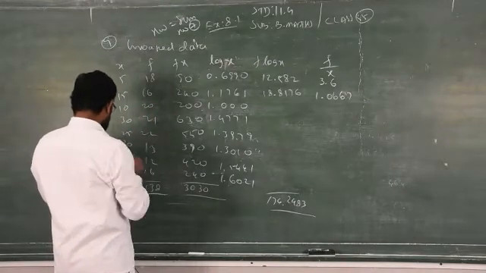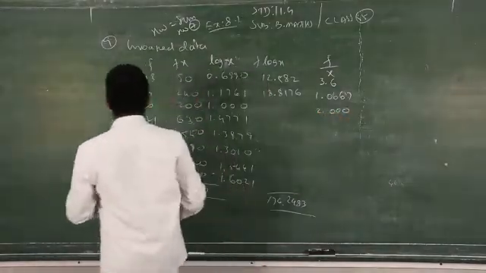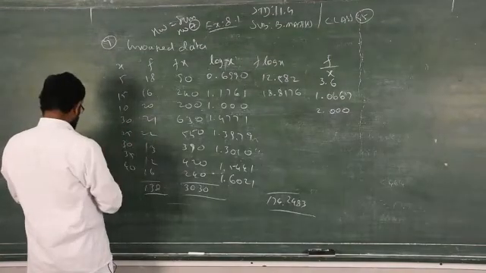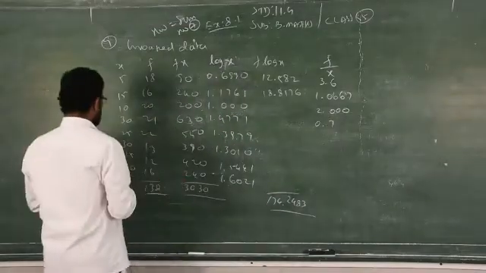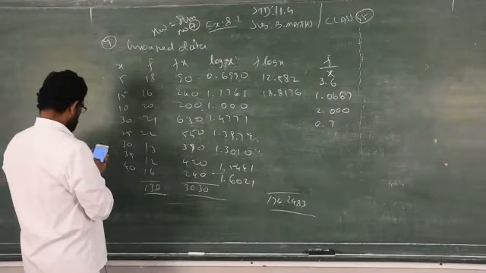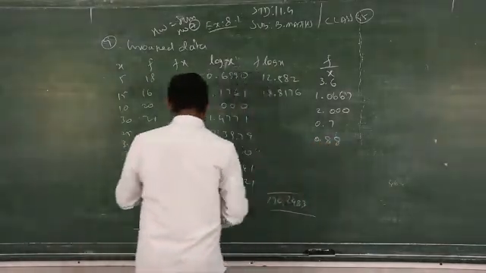20 by 10. What will be the answer? 2.00. The next one, 21 by 30. That is 0.7. Then 22.25 by 25. What will be the answer? 0.88.